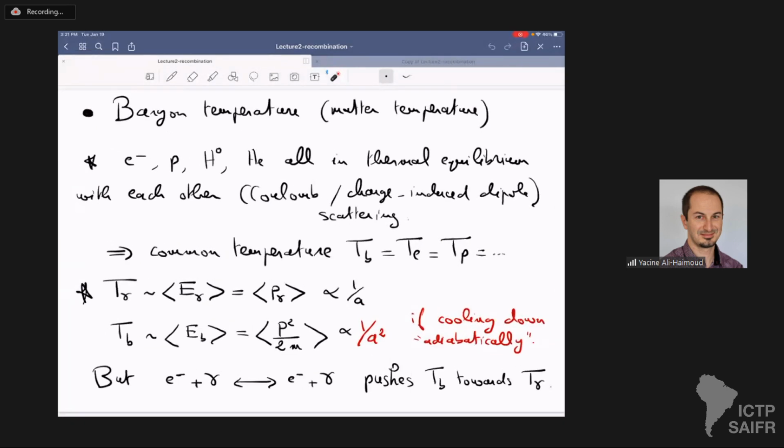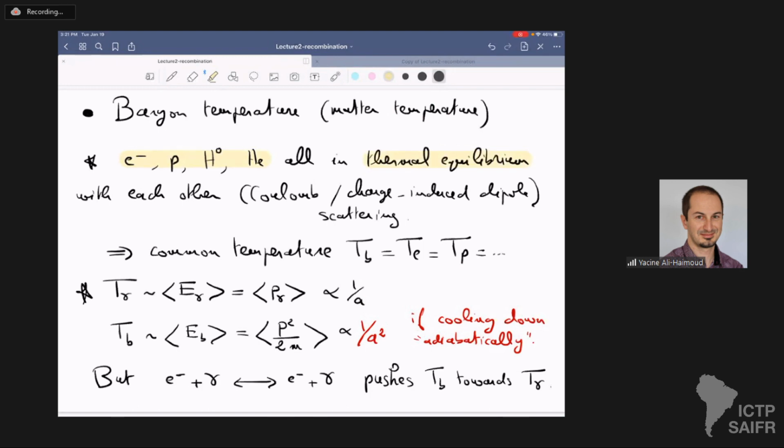All right, so first and foremost, I saw that Fabian had this in one of his slides. I don't know if he talked about it in detail, but electrons, protons, neutral hydrogen, and helium are all in thermal equilibrium with one another.